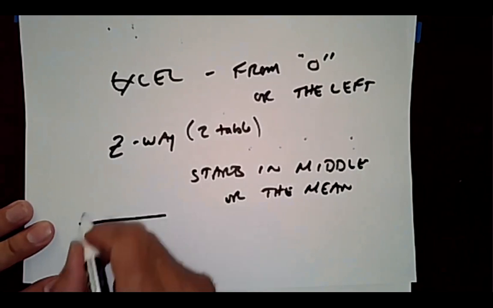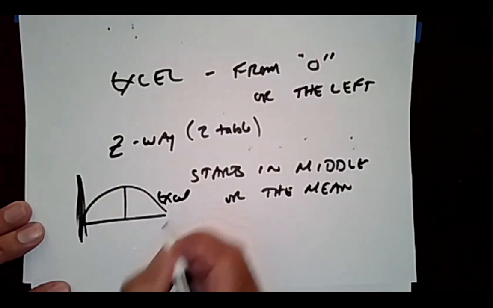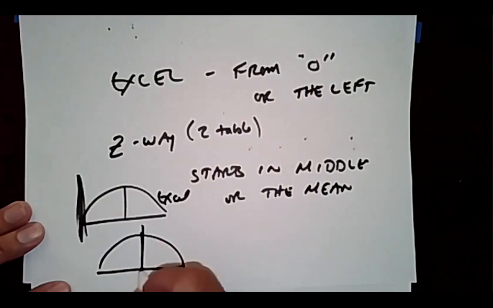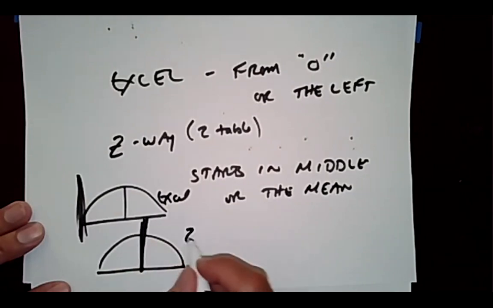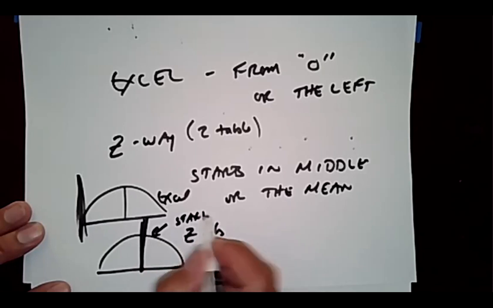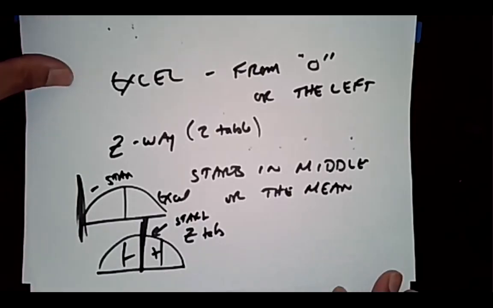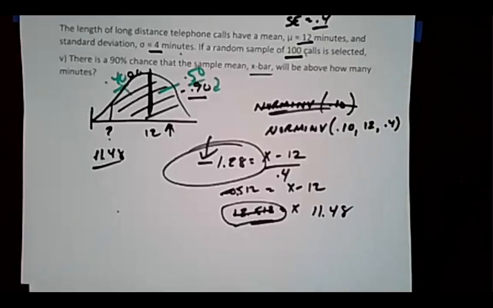So again, Excel starts here. Z table starts here. This is positive. These are negatives. Again, very common mistake. Any other questions? Questions are good.